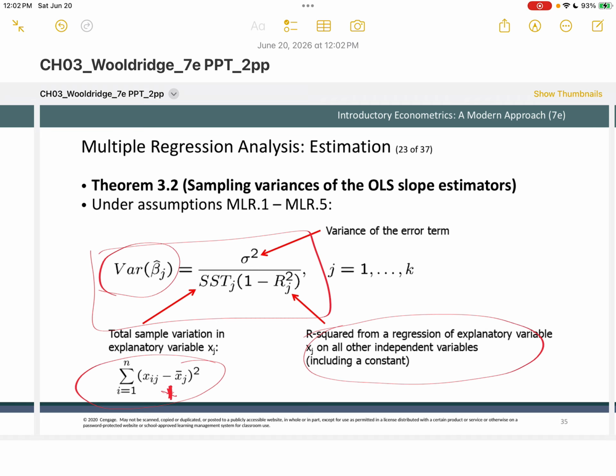Now, if your xj was highly correlated with the other explanatory variables, then 1 minus that big number will be a tiny number, such that a tiny number times a tiny number in the denominator will blow up the variance of beta hat j.